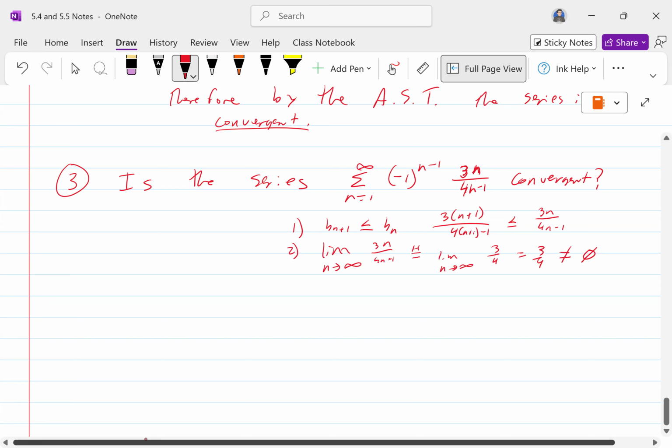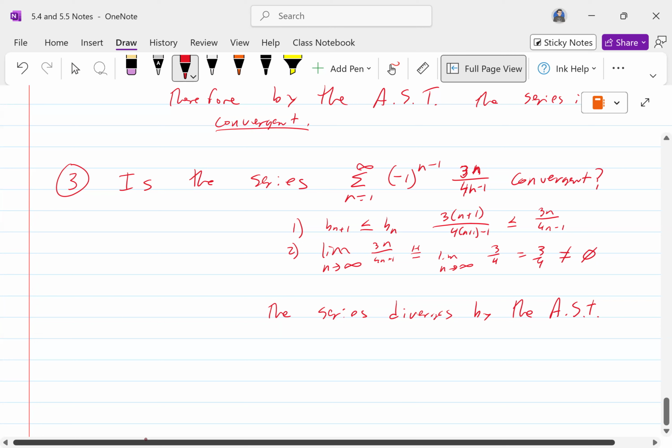So this does not converge. So this diverges. So the series diverges by the alternating series test.